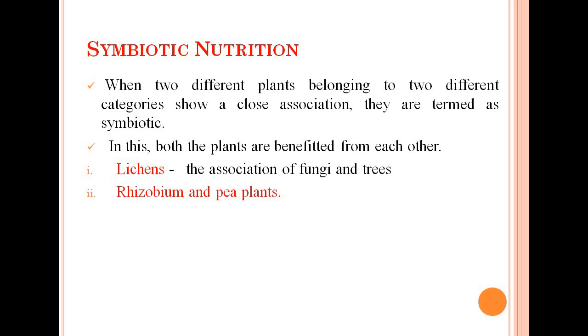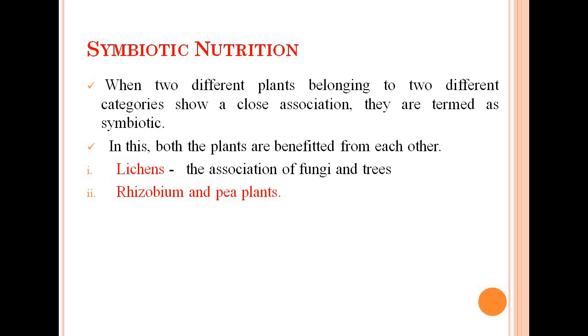As I have written on the slide, when two different plants belonging to two different categories show a close association, they are termed symbiotic. In this, both the plants benefit from each other. It means they are getting mutual benefit.